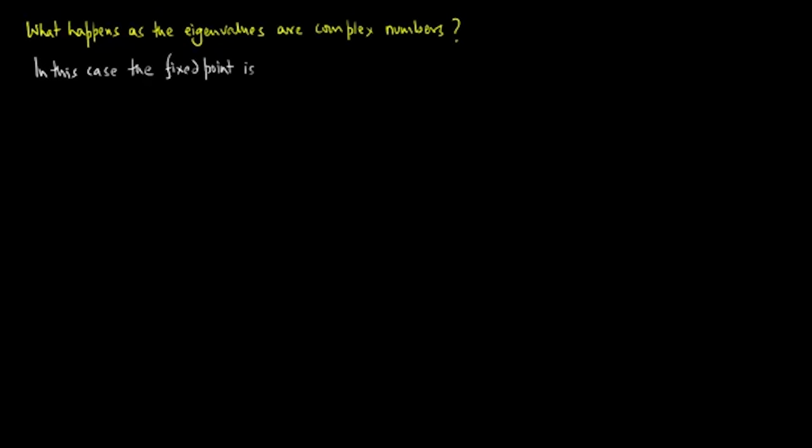Now, what happens in the case if the eigenvalues are complex numbers? In this case, the fixed point is either a center or a spiral. Now let's go ahead and plot a center.